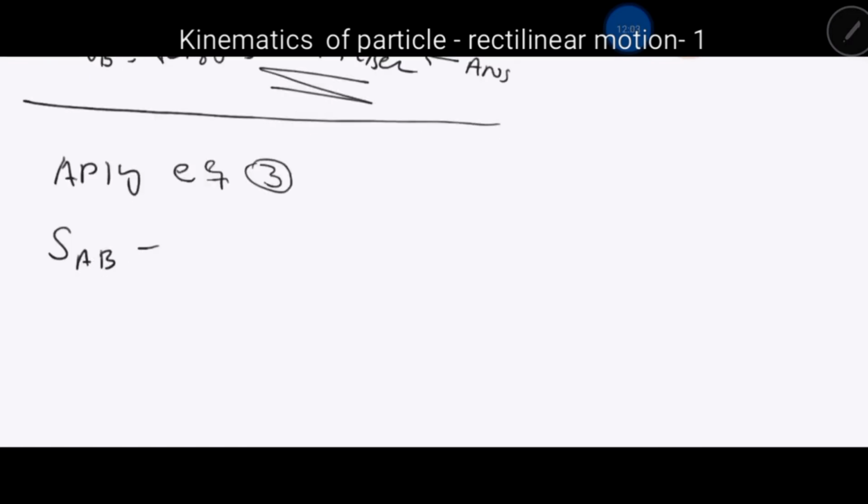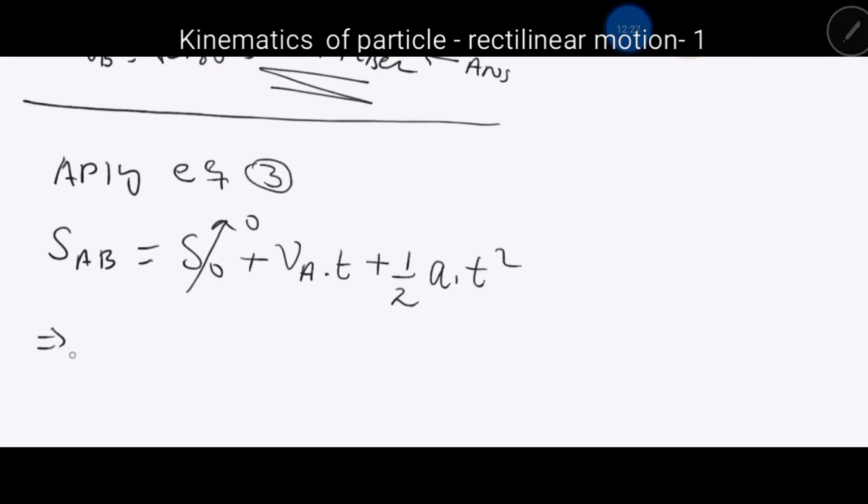So displacement from A up to B is equal to initial displacement, which is 0, plus VA times time plus half A times time squared. The initial displacement is 0 here. Initial velocity at A is also known. Now the only unknown parameter here is time. So 50 is equal to 80t minus half of 32.2 t squared.